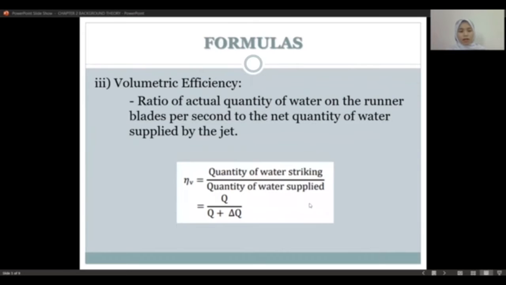The third formula is volumetric efficiency. This means the ratio of the actual quantity of water striking the runner blades per second to the net quantity of water supplied by the jet. So the formula is efficiency equals the quantity of water striking divided by quantity of water supplied.